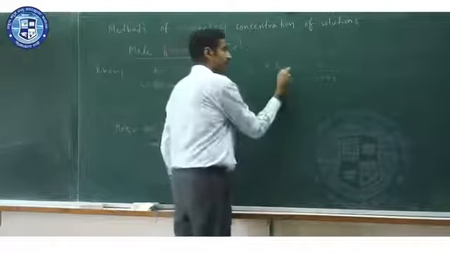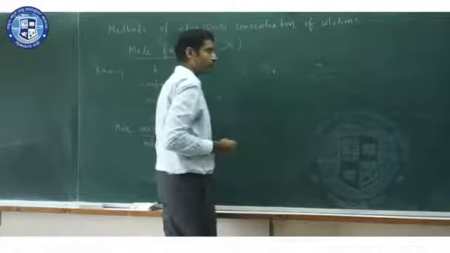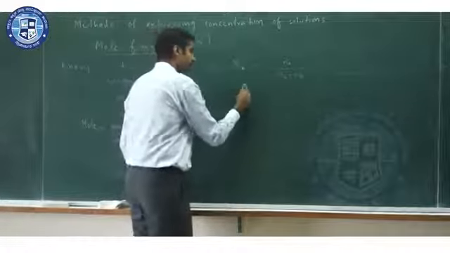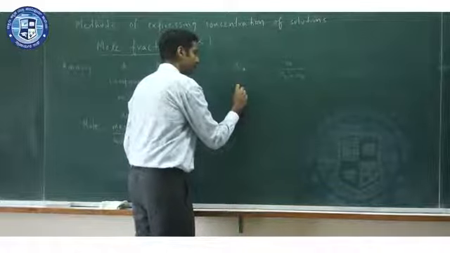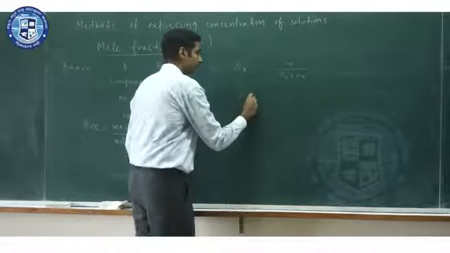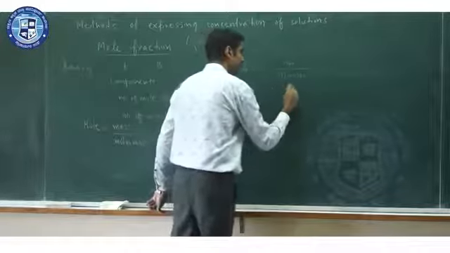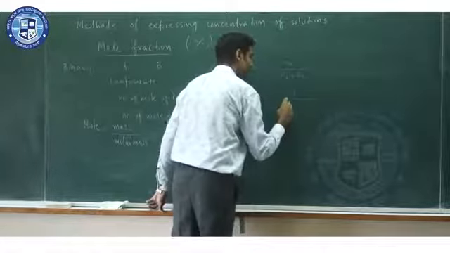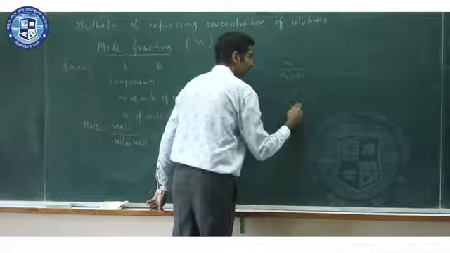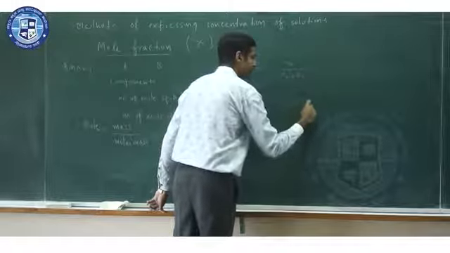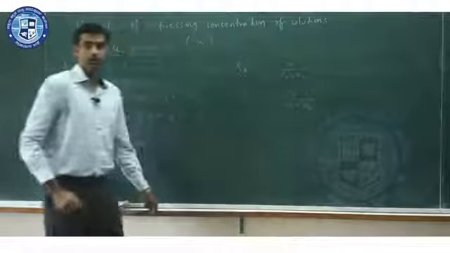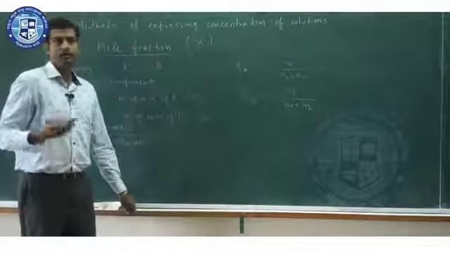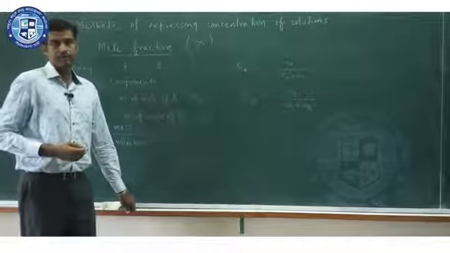So the number of moles of A divided by total number of moles will give me the mole fraction for component A. Similarly, mole fraction of component B can be expressed as number of moles of B divided by total number of moles of the components A and B present in the solution, and this can be expressed for n number of components as well.